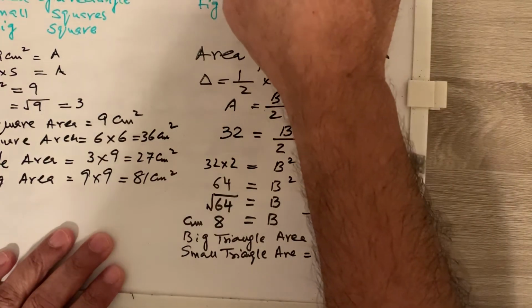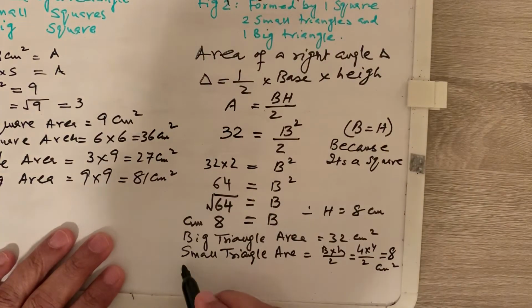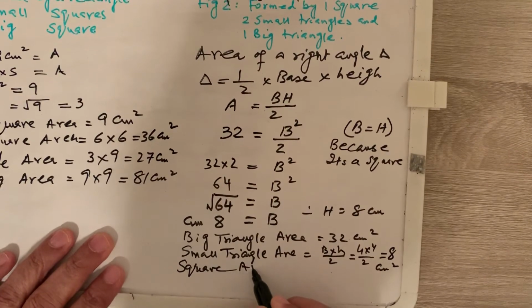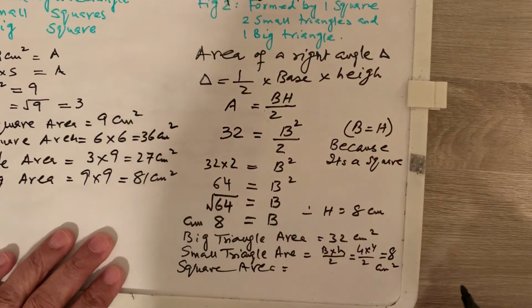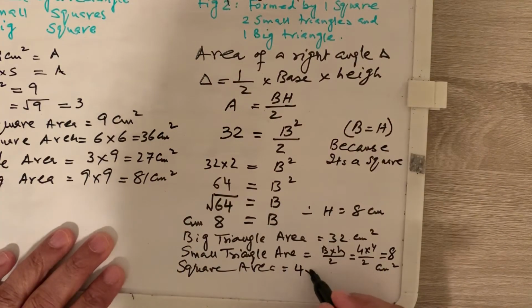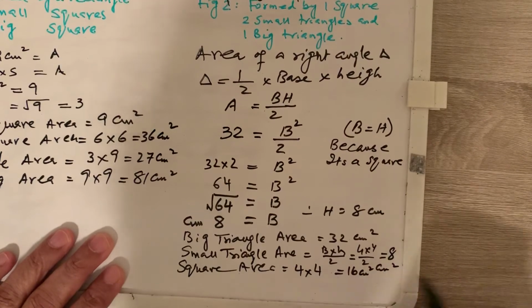This is a square, right? We have to find the square area. So the square area will be equal to side times side. This side is 4, this side is 4. So 4 times 4, that means this area is 16 centimeters square, right?